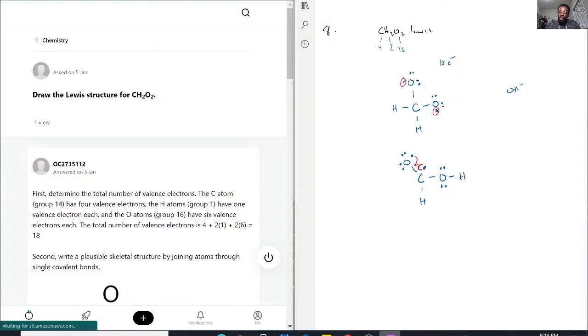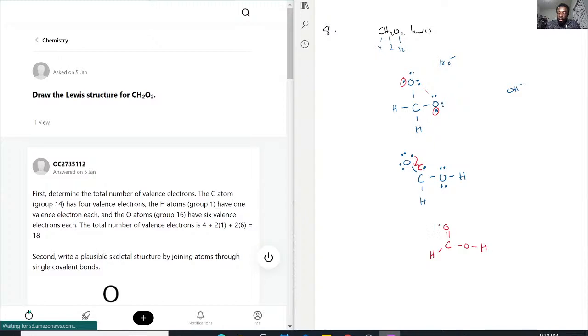We're not having an awkward situation where we have to bond like a triangle. This can work. So we have now this. And funny enough, I think this is methanoic acid, but that's a different conversation. This is a possible thing that can work.